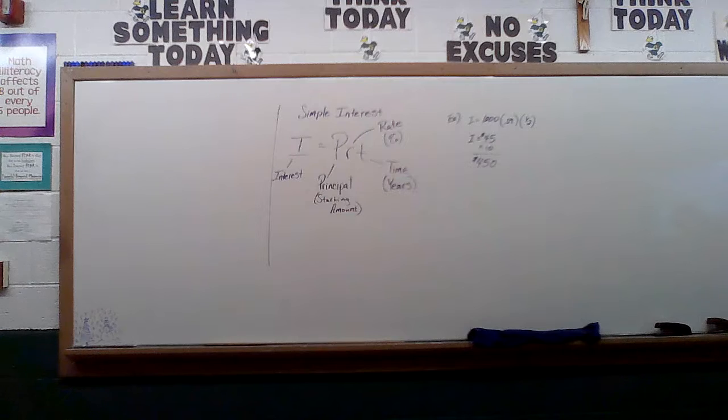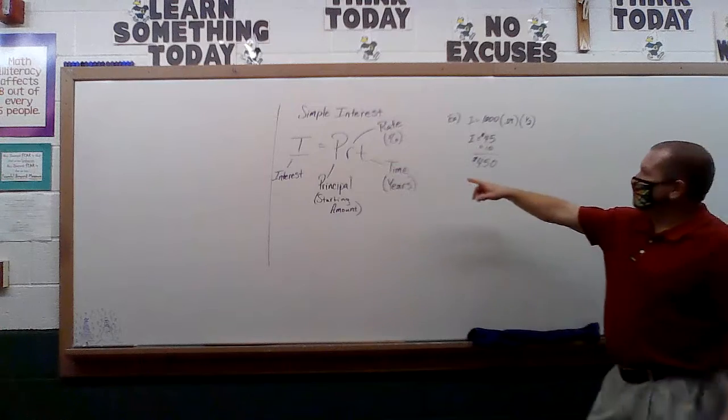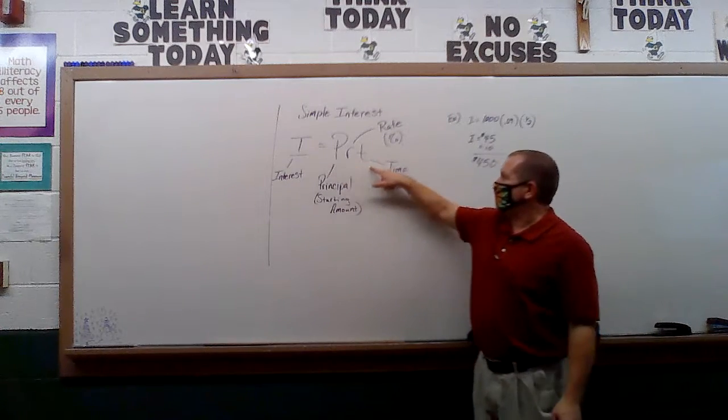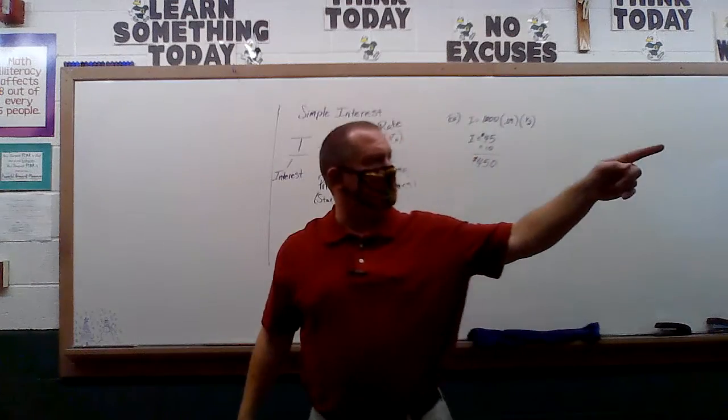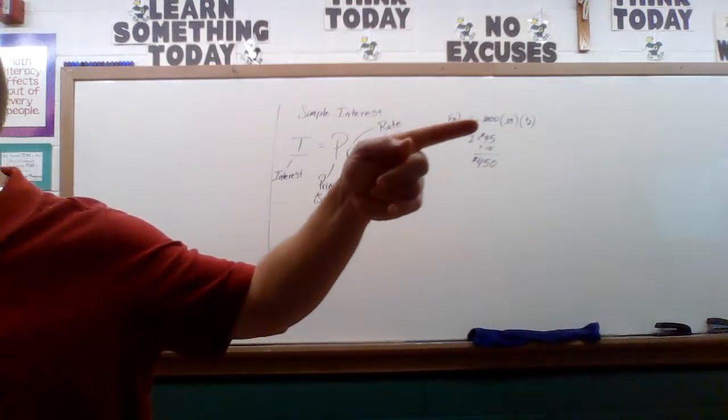When they talk about a yield, you always want to do it for a whole year. So we're going to do 1,000 times 9% times 1. We're back to our formula, 0.09, because they gave you 9% in the problem.